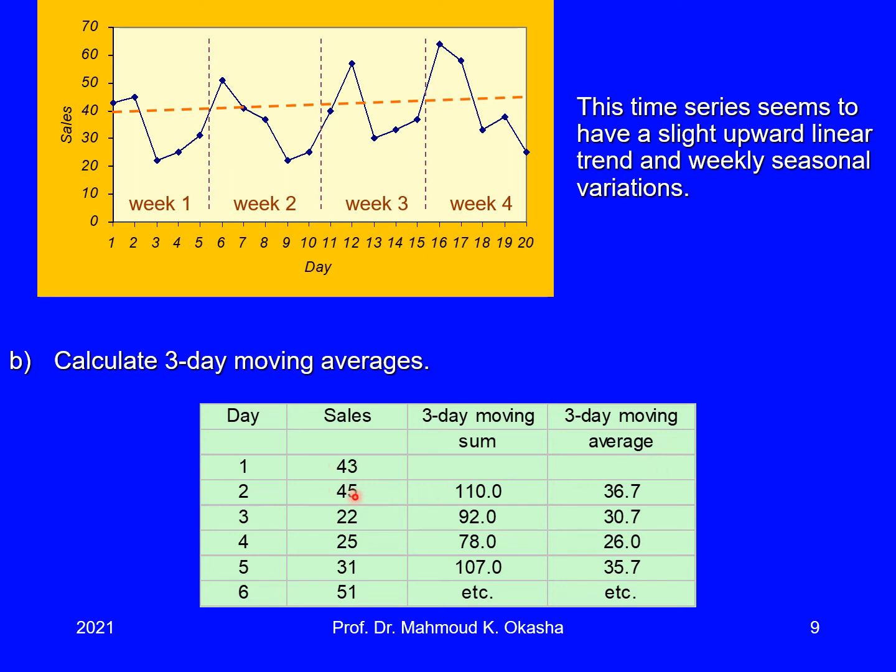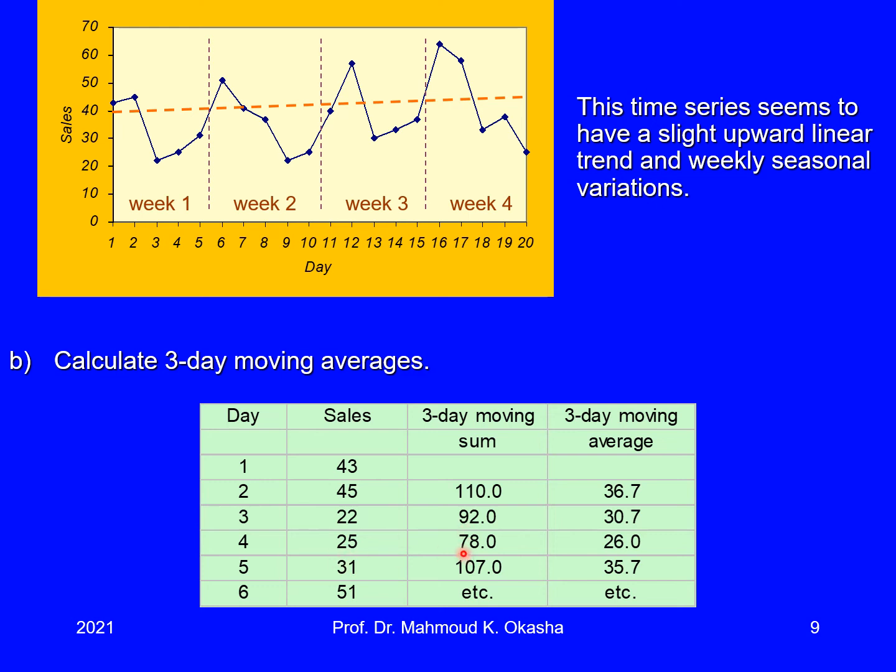The sum of the first 3 values, if you calculate the sum, you will find it equals 110, right? Then the second 3, which are 45 plus 22 plus 25, the sum is 29.